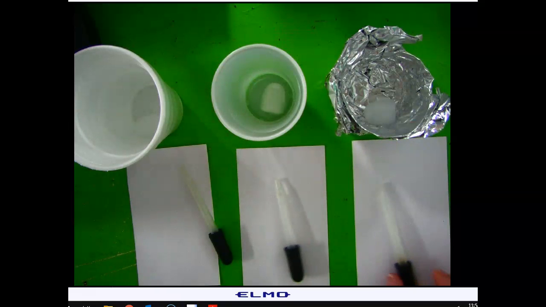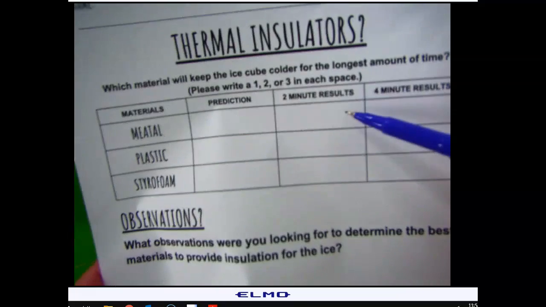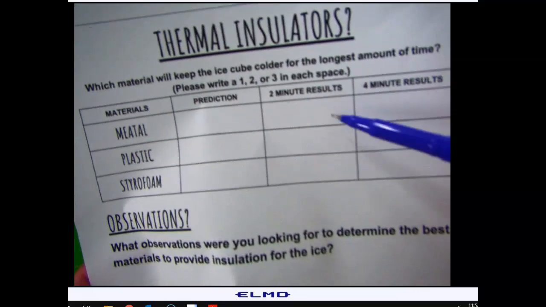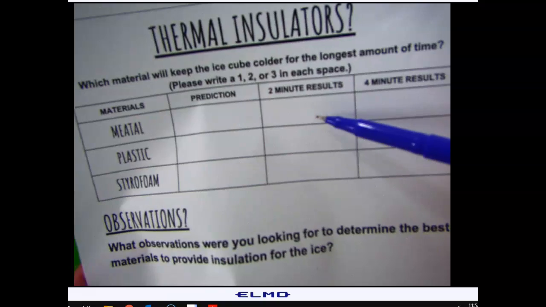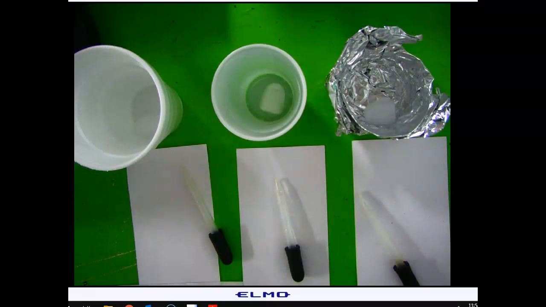All right. So now what you're going to do is rank them. I think my number one would be metal. Under the 2-minute results, I would put metal as number one because it didn't have any melted ice. My number two is going to be the styrofoam cup because it had a little bit of water.